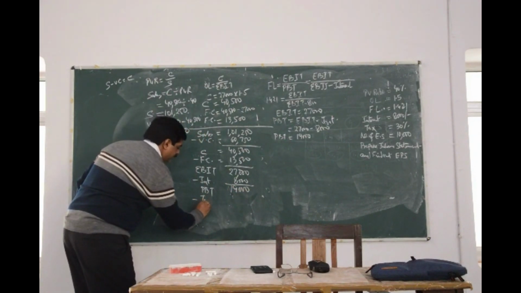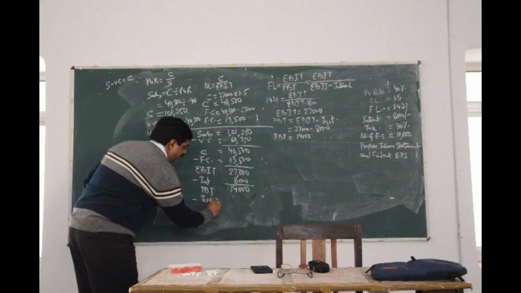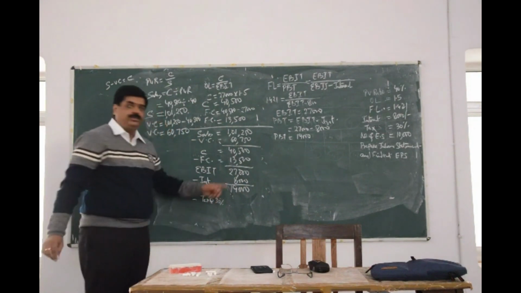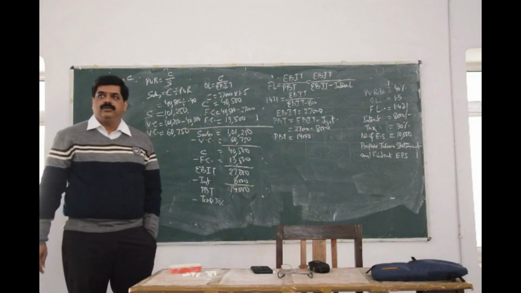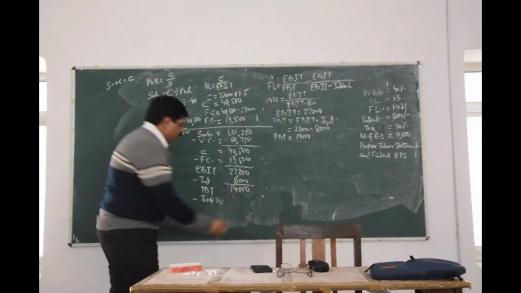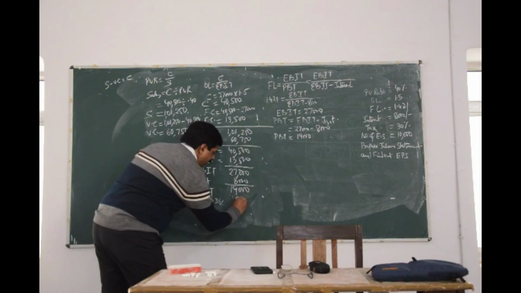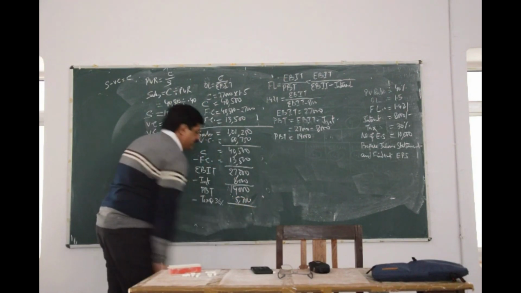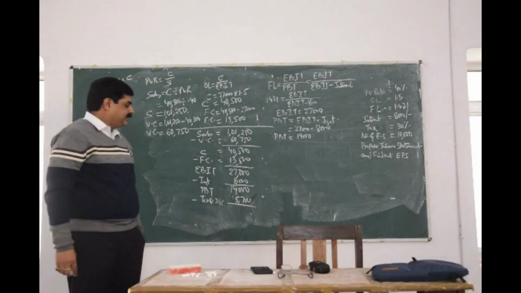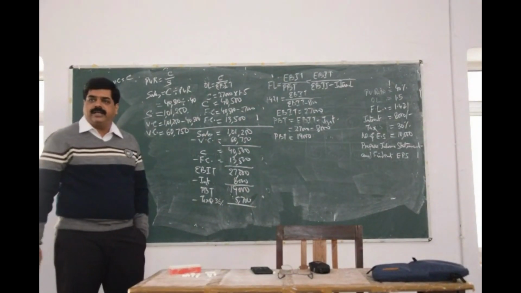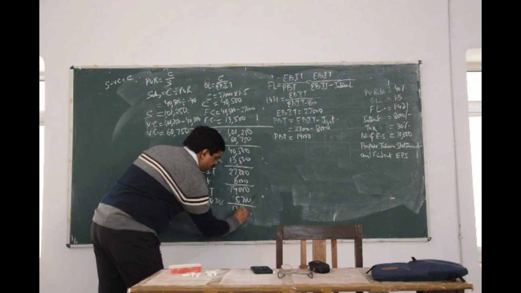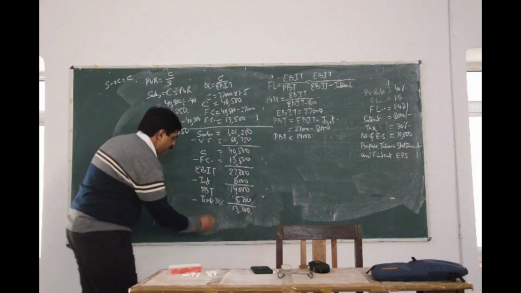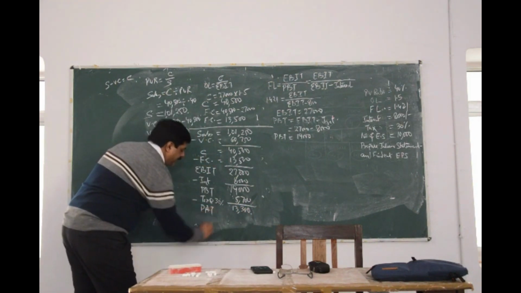Minus tax, given at the rate of 30%. You calculate 30% of 19,000, which is 5,700. 19,000 minus 5,700 is 13,300. So 13,300 will be called profit after tax.